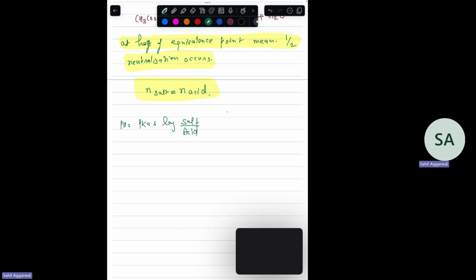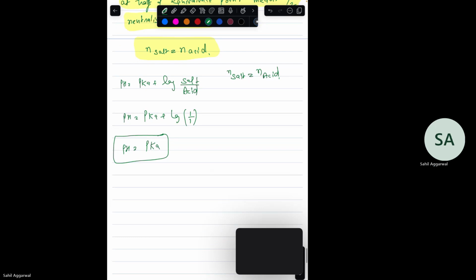Now because moles of salt is equals to moles of acid, so that would be pH is equals to pKa plus log of 1 by 1. Log 1 would be 0, so pH would be equals to pKa. But as per the question, it is X. So pH is equals to X.